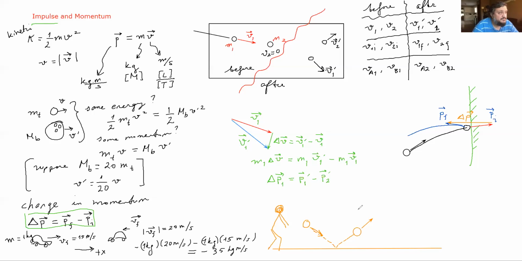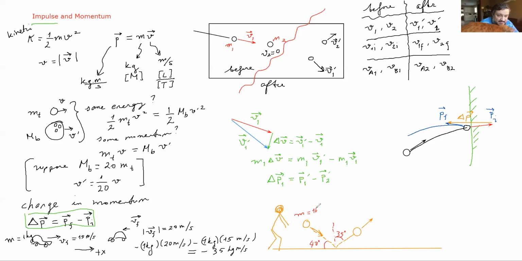All right, let's use numbers. How about that? Let me just say, okay, let's see. This is, let's say, 40 degrees, and let this be 35 degrees, okay? And the mass of the ball is 1 kilogram.